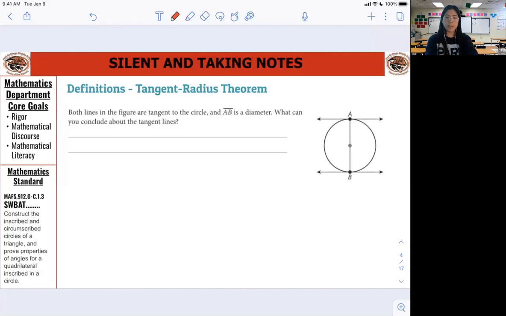That's one claim. Does anyone have anything else? Janelle agrees. Jalen says that they're perpendicular. So let's be very clear. Which two lines are parallel? So line A and line B are parallel to each other. And then which two lines are perpendicular?